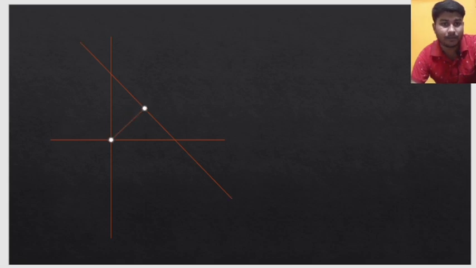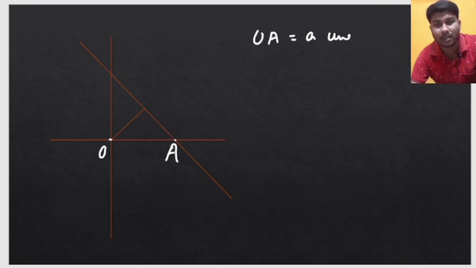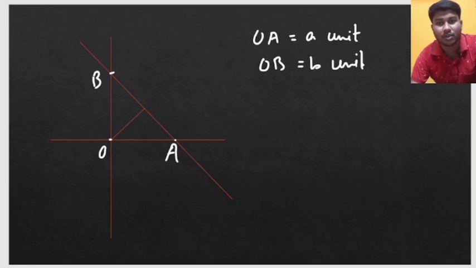This is the perpendicular. Some naming is required, so I am giving it according to the problem. This is the origin O and this is A, and this distance OA is A units. And this is B, and this distance OB is B units.